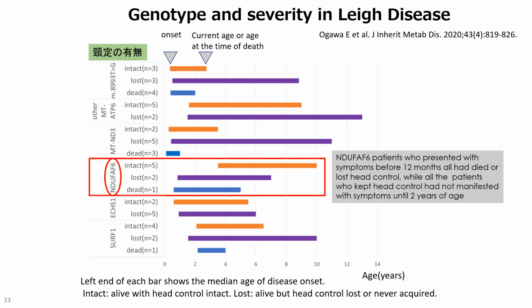On the contrary, for patients with NDUFAF6 deficiency, later onset was related with better outcome. The mean onset age of NDUFAF6 patients living with head control intact was 42.2 months, compared to 9 months for patients either deceased or who had lost head control.